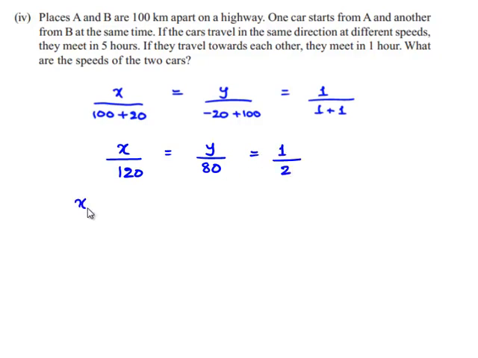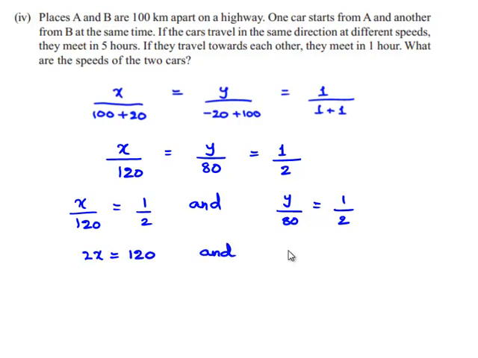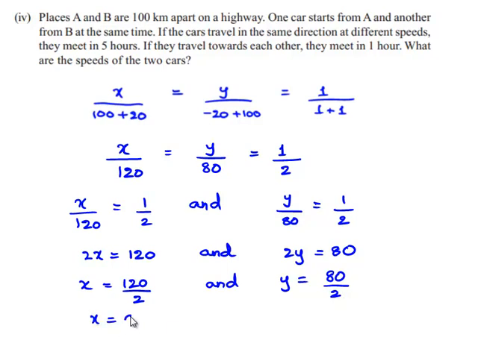So we can write x by 120 is equal to 1 by 2 and y by 80 is equal to 1 by 2. By cross multiplication, 2x is equal to 120 and 2y is equal to 80. x can be written as 120 divided by 2 and y can be written as 80 divided by 2. So x is equal to 60 and y is equal to 40.